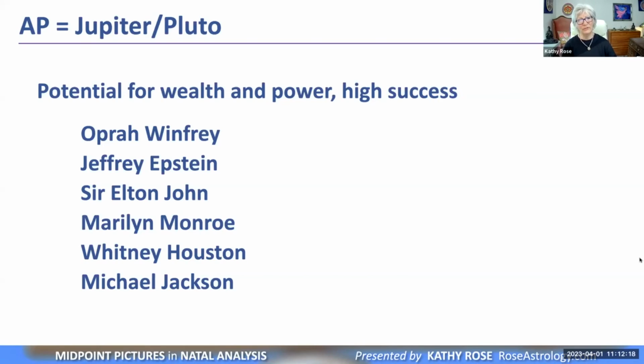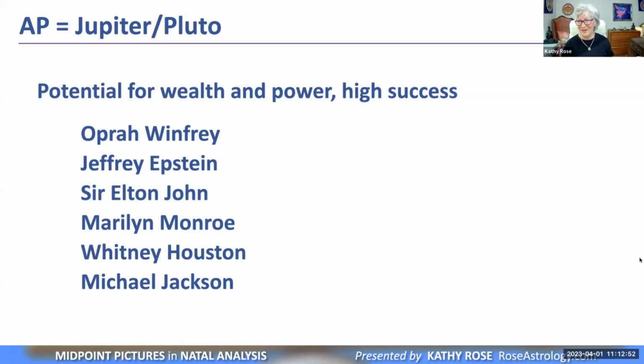But there's the potential for that should they choose to walk through those doors and shine in that way. Okay. And what is wealth? What is success? It's different to each person. I have some clients with AP Jupiter-Pluto who would not be considered wealthy as in having billions or millions of dollars, but they would be considered wealthy in my book because they have 0 debt, they own their own house, nice retirement, and get to go play and have fun. Well, I think that's a wealth signature right there.